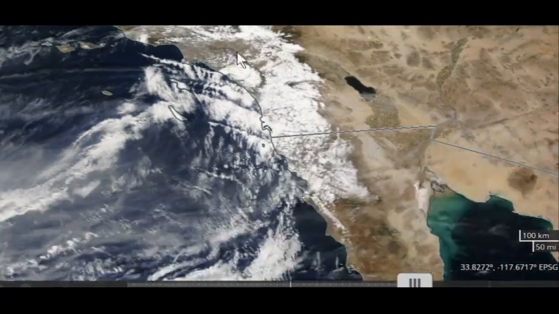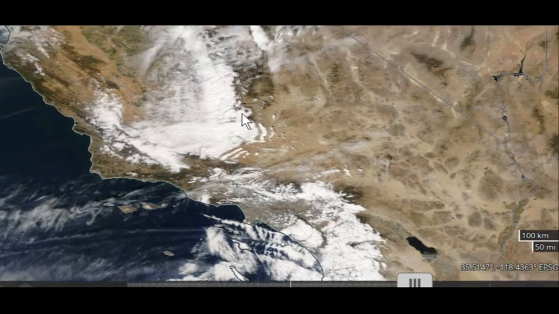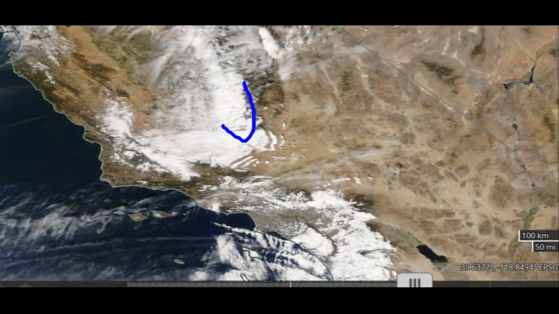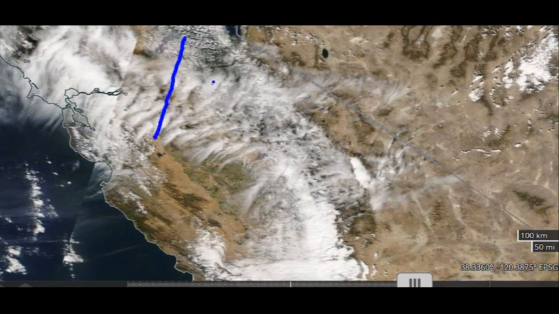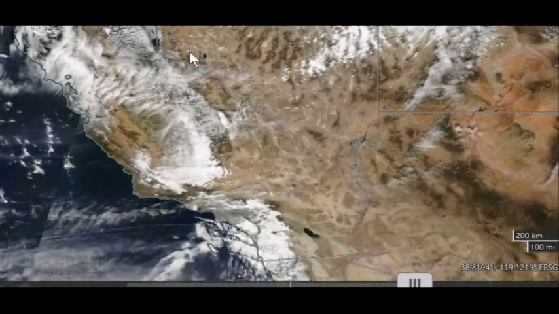Over the deserts, we've got blowing dust. Looks like we've got a bit of upslope stratocumulus in this area right here, stratus and stratocumulus. And we've got transverse bands, cirrus. This means probably some turbulence. A lot of stuff going on in the upper levels.